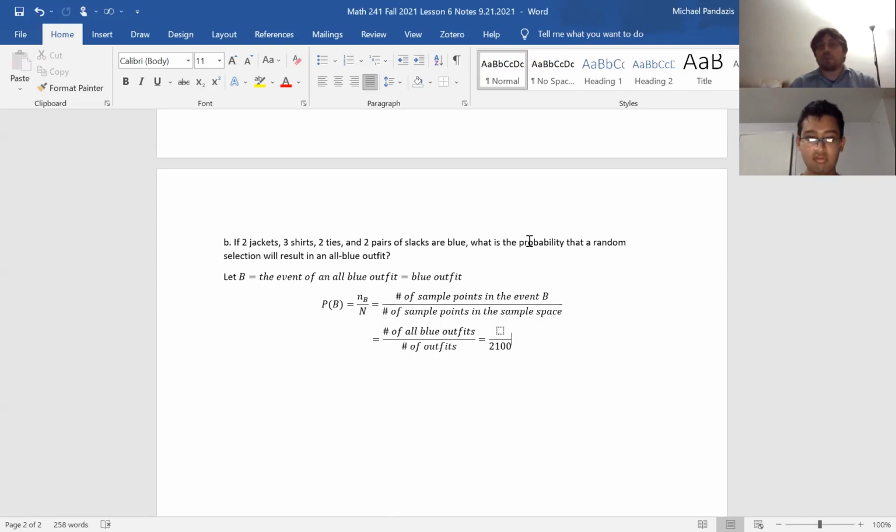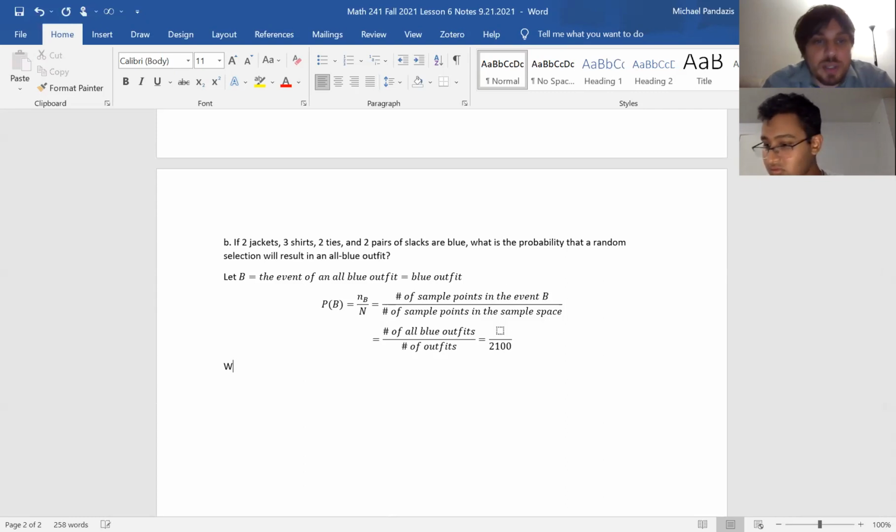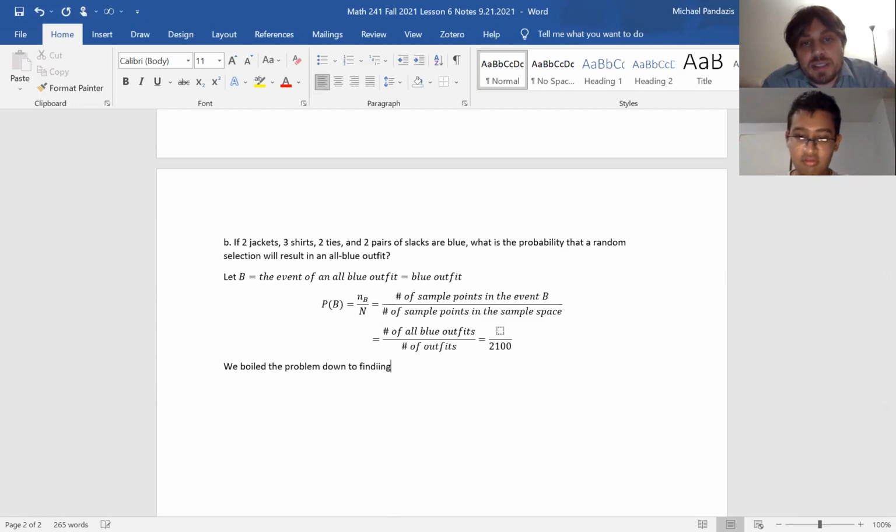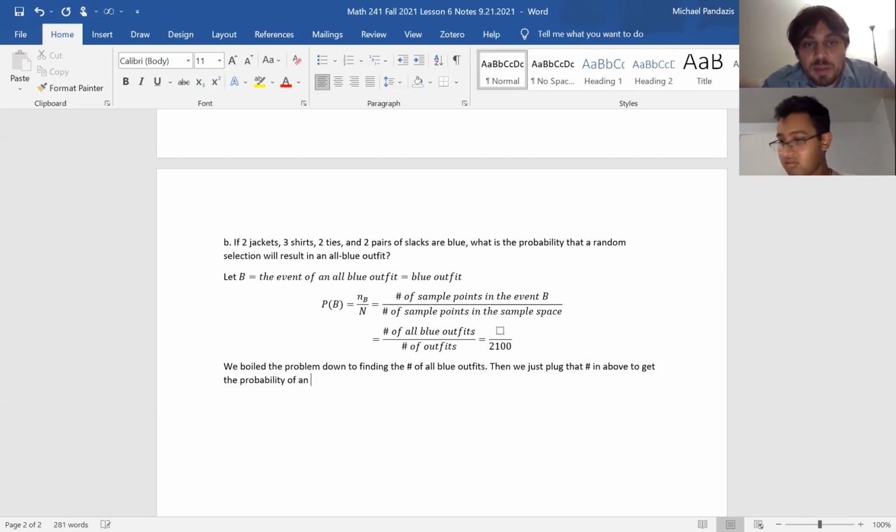Okay, so we boiled the problem down to finding the number of all blue outfits. Then we just plug that number in above to get the probability of an all blue outfit.